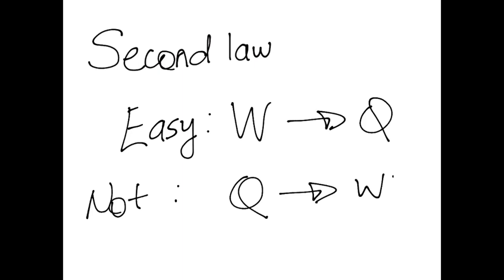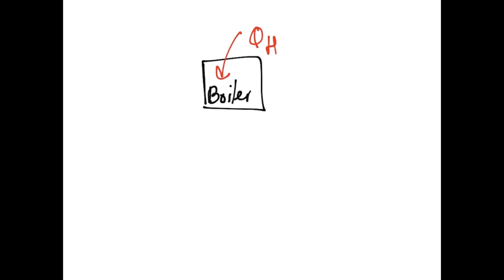What do we do? We use a thermal machine. A thermal machine works in such a way that we have a source of high temperature heat that enters a cycle. We need a heat exchanger, a boiler for instance, that has a working fluid.